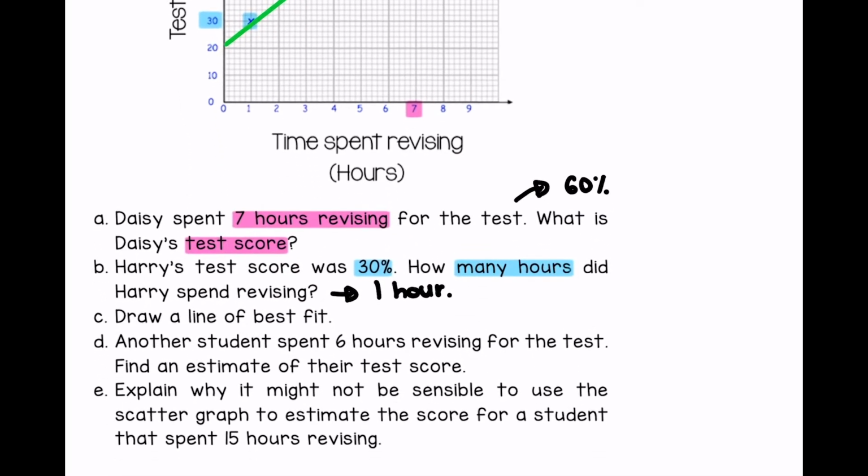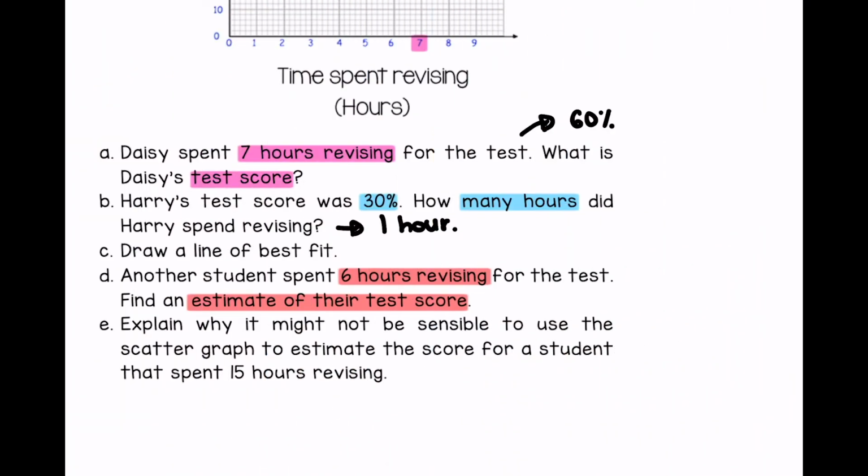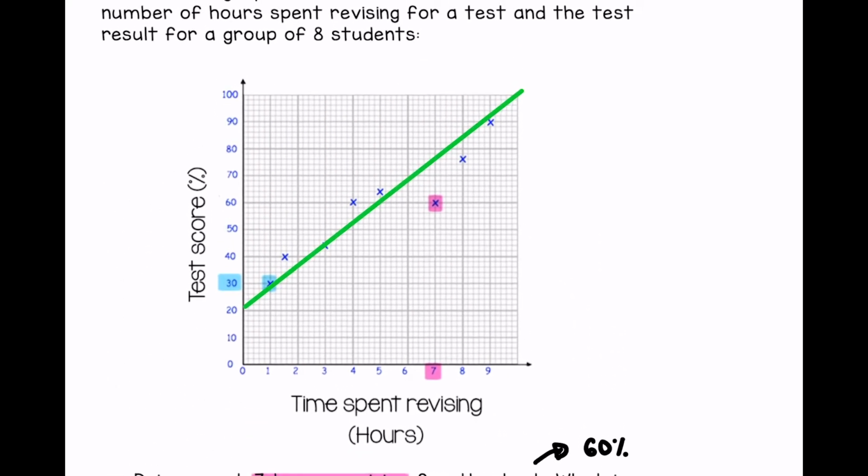The next question says, another student spent 6 hours revising for the test. So this student spent 6 hours revising. Find an estimate of their test score. Now it's saying an estimate because we're going to be using our line of best fit to determine the estimate. So we're going to go to our diagram and find 6 hours of time spent revising.